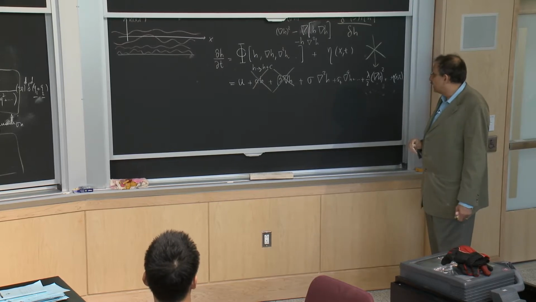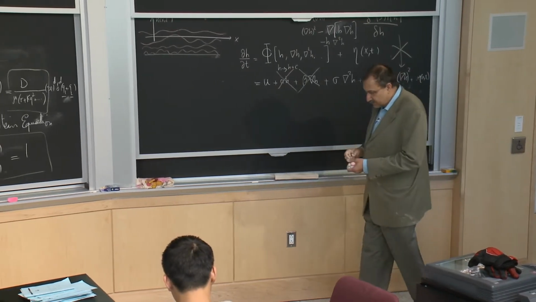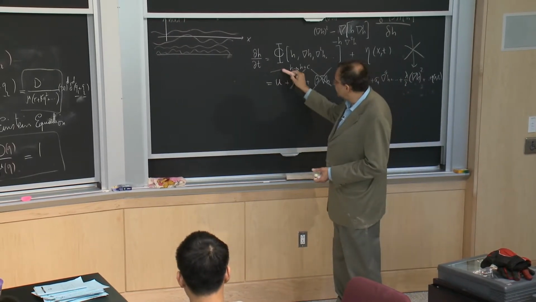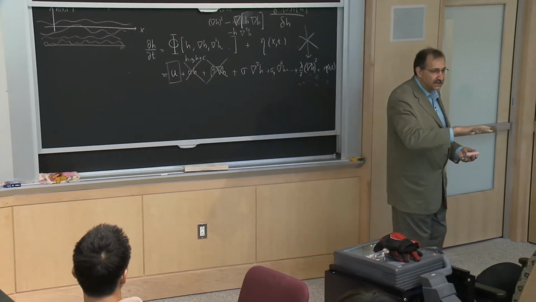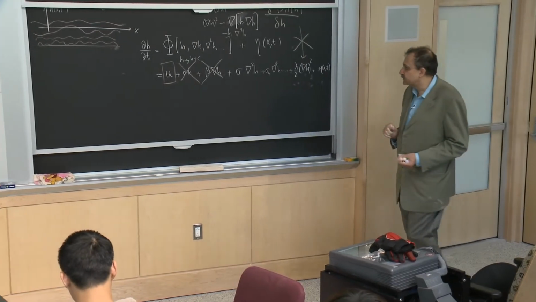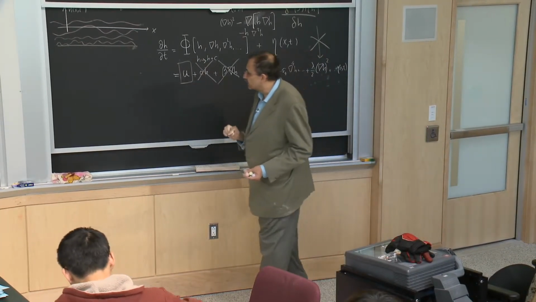So we can do the same thing here. We can always move to a frame that is moving with the average velocity so that we are focusing on the fluctuations. So we can basically ignore this term.